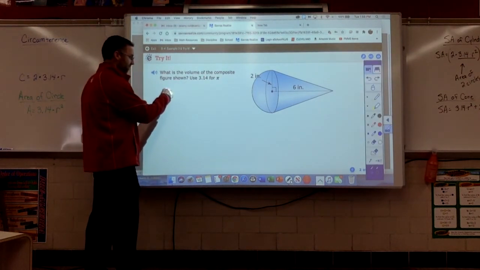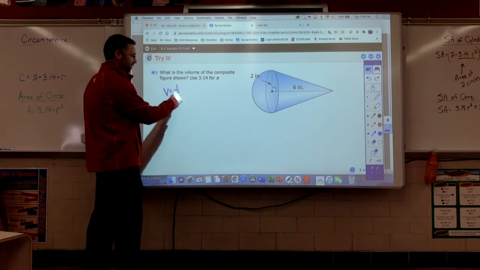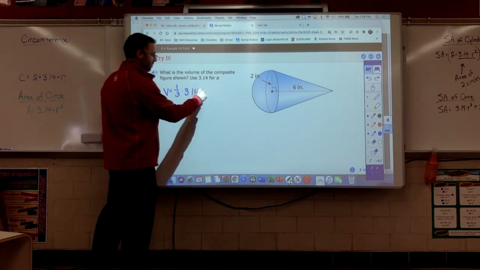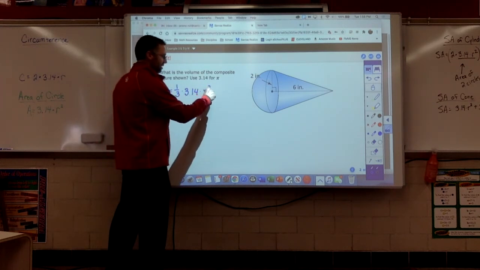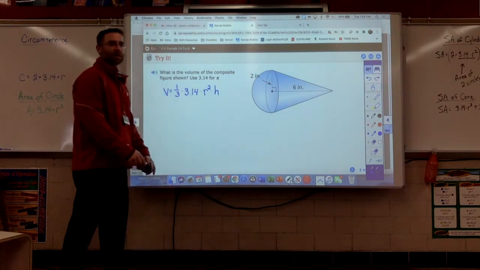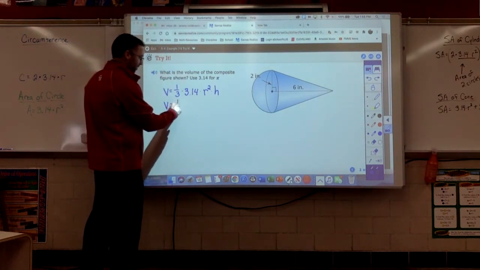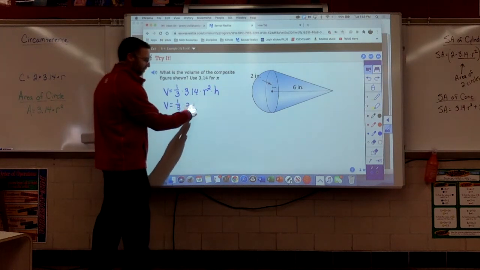Okay, volume of a cone. You should know the formula: 1/3 times pi, and it says use 3.14 for pi, so let's do that, times the radius squared times the height. Plug in what we know from the diagram. We need 1/3 times 3.14.